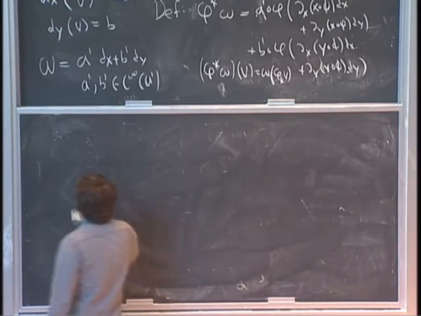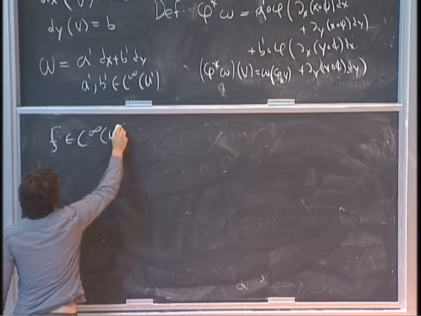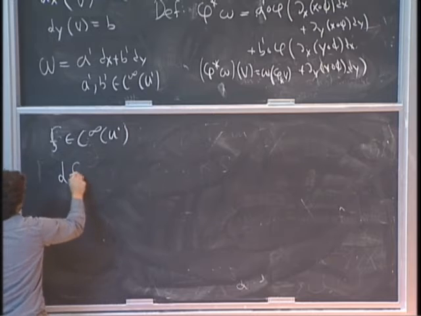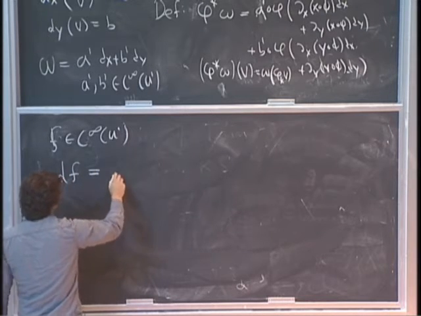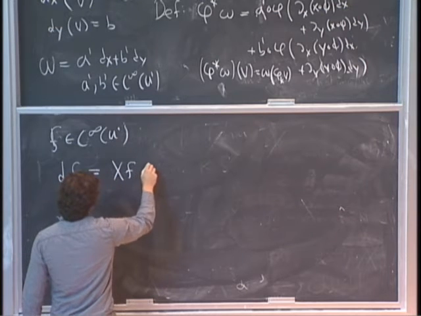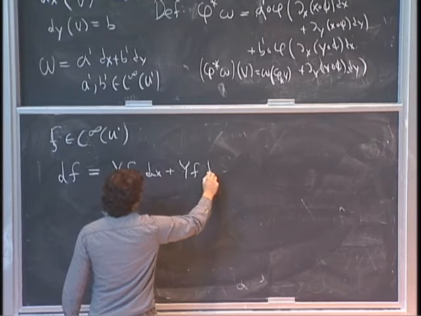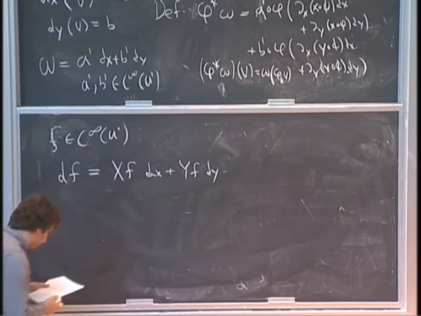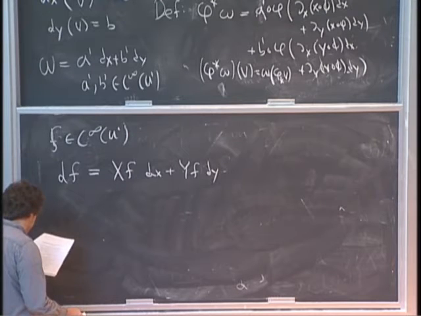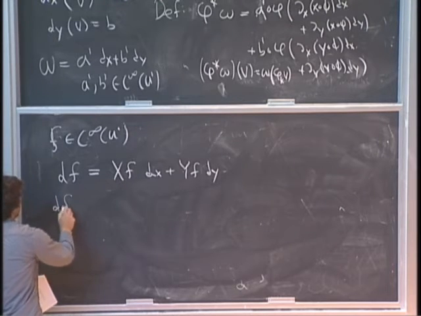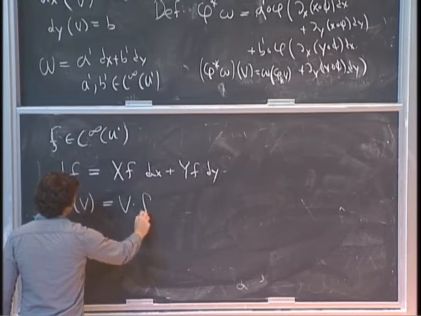Right. So for a given function f, if we just define df to be the one form which is given by x applied to f, dx plus y applied to f, dy, then it's pretty clear that if you take this one form and apply it to v, then that's the same as taking v and applying it to f.